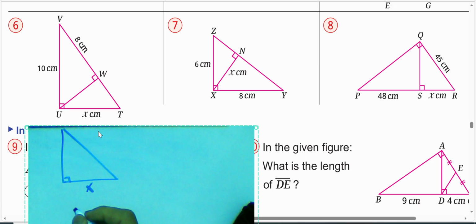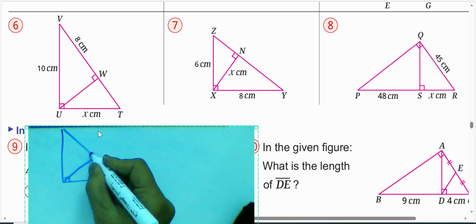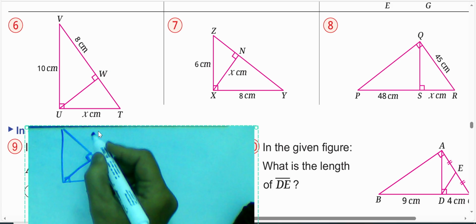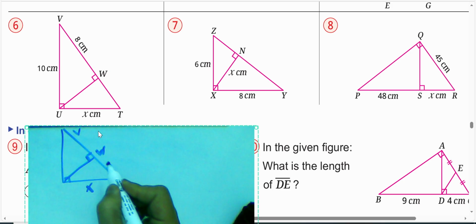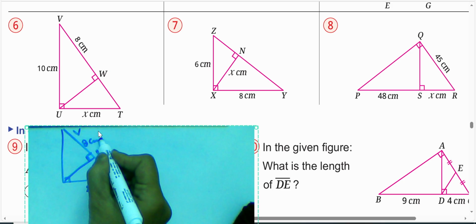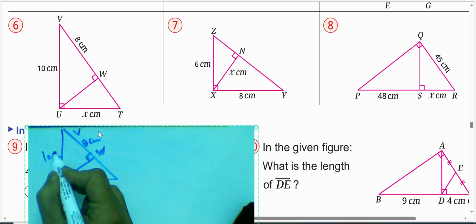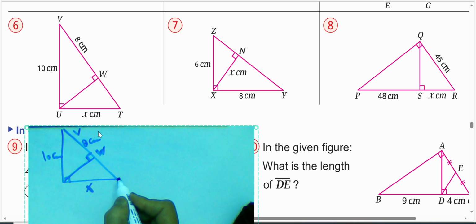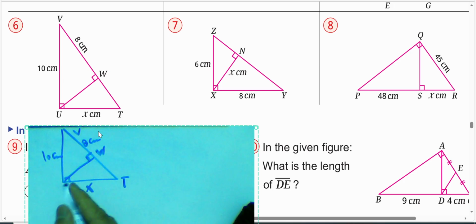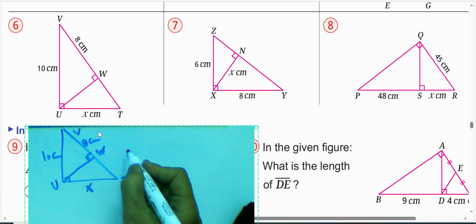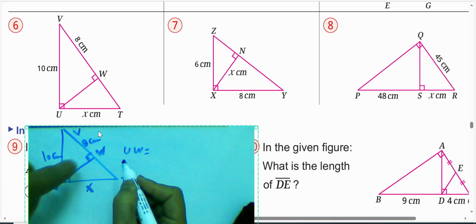This is x, and we have W and V, 8 centimeter and 10 centimeter, and X and T. First step, we find the length UW first. UW we can find from Pythagoras theorem.